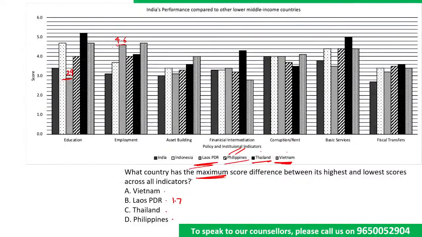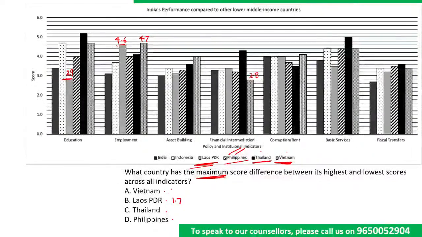Now, if we talk about Vietnam, that is the last one. The highest value for Vietnam was in these two, or was it this? Yes, this is the highest, which is 4.7. And the least value for Vietnam was in this area, that is 2.8.